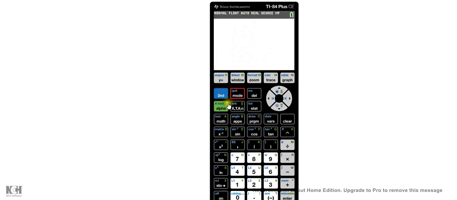So let's type that in again. Alpha y brings up my fractions, and this is the one that I want. This is for a mixed number, like if you have a whole number and a fraction, but I want the first one because it brings up the boxes like this.